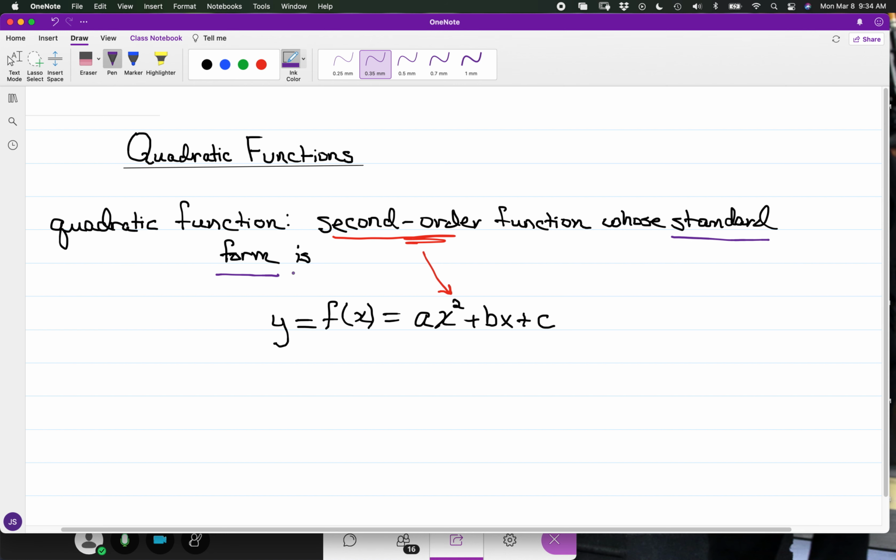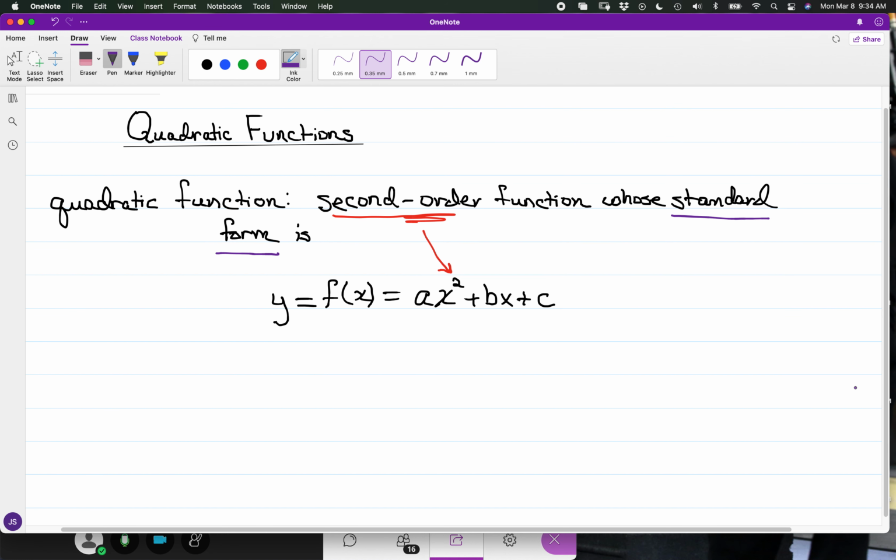There's another form we're going to be looking at, and that is what is referred to as the vertex form. So for the vertex form of a quadratic function, we're going to rearrange the terms that we have from the standard form.